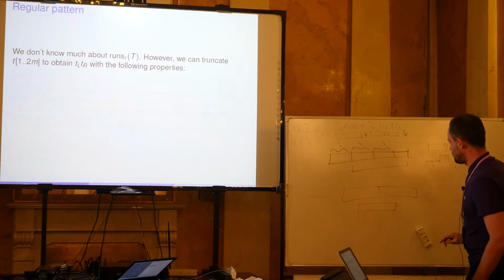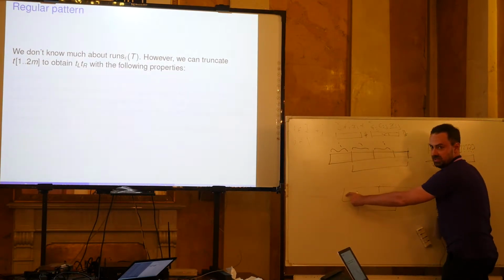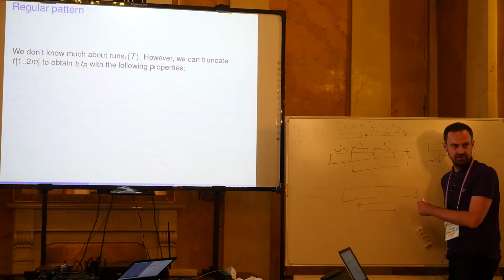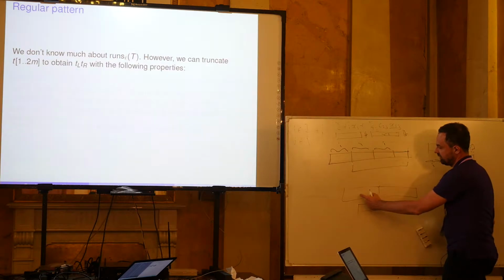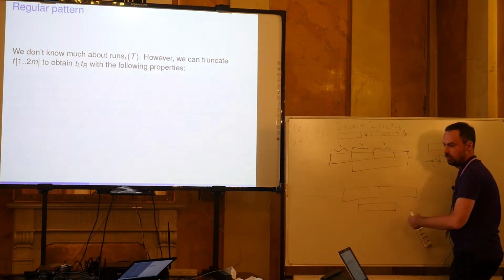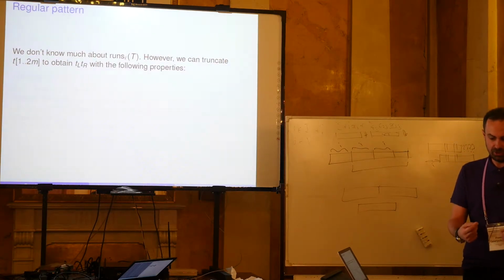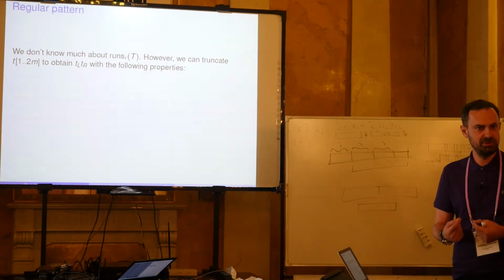What I'm saying is that some crazy things could happen in the beginning here and at the end. But if you have at least one occurrence, then a suffix here and a prefix here will compress very nicely under this run length encoding, because you have an occurrence with at most k mismatches.